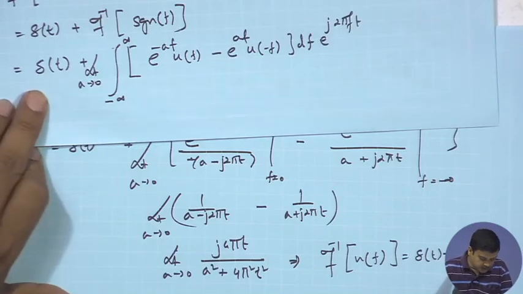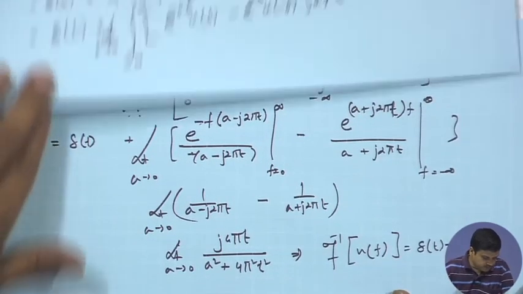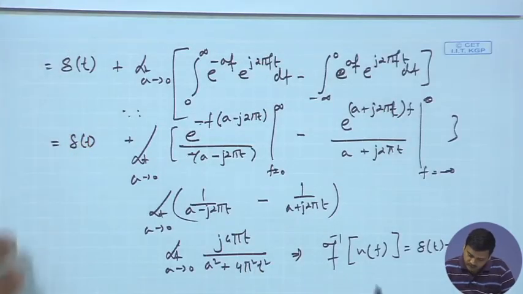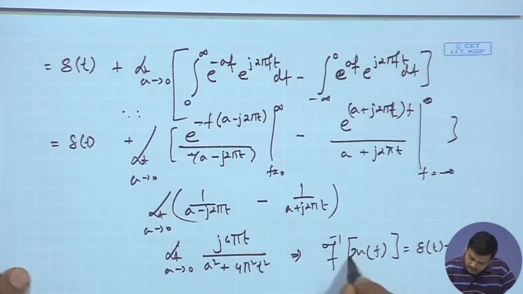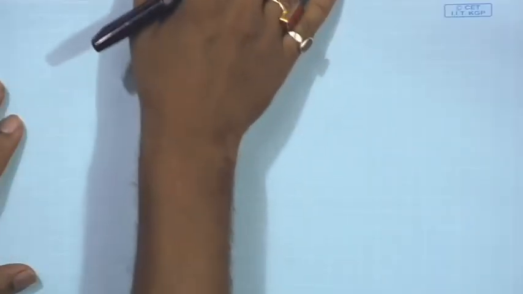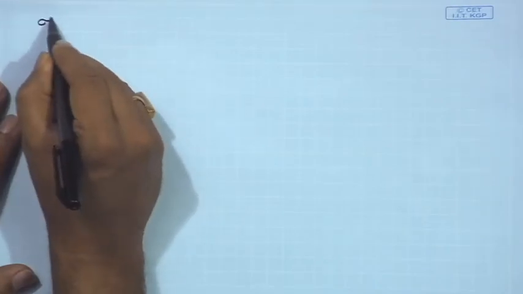So, this is the inverse Fourier of 2 u of f, if I am doing it right. Yeah, this is of 2 u of f, right.